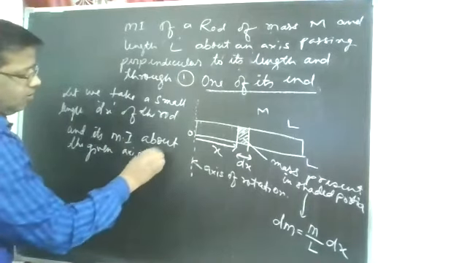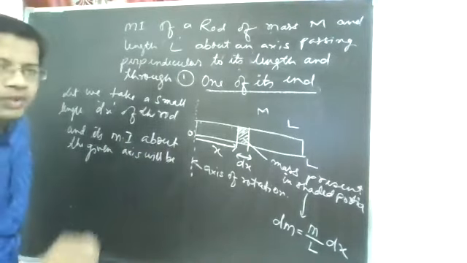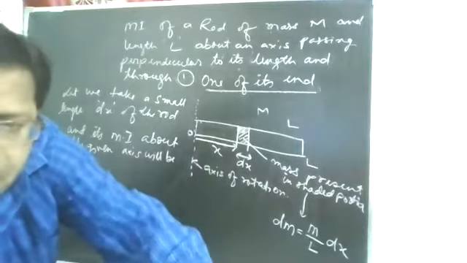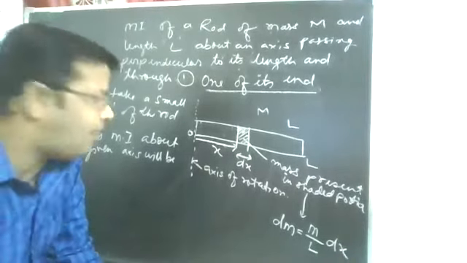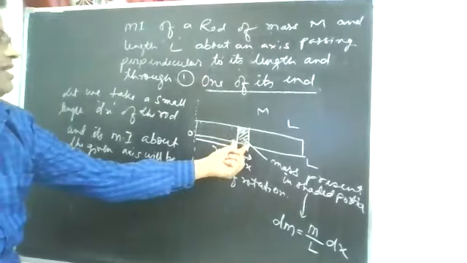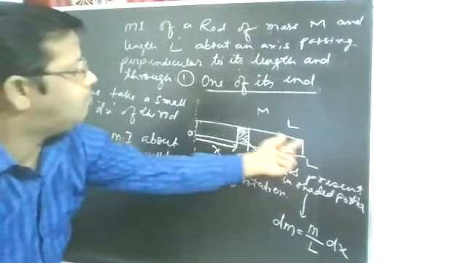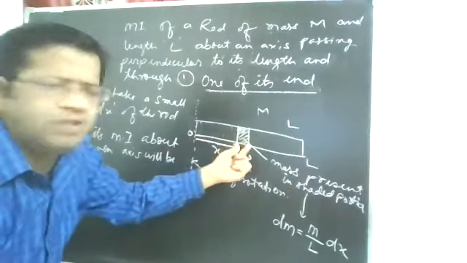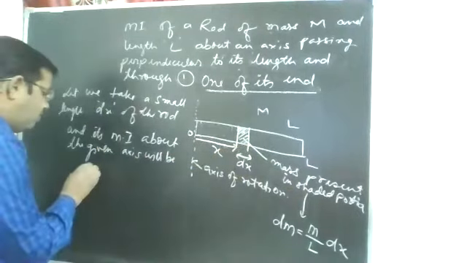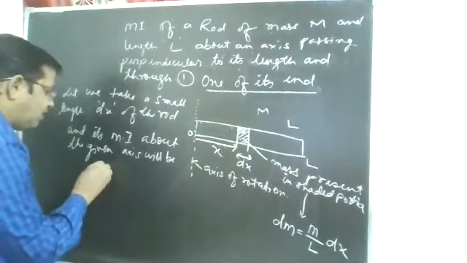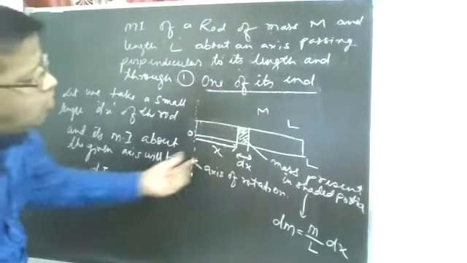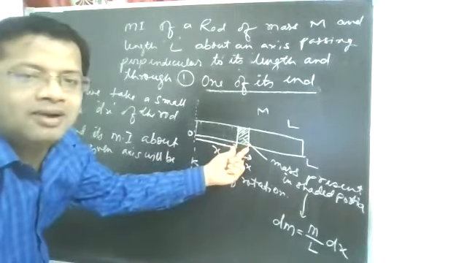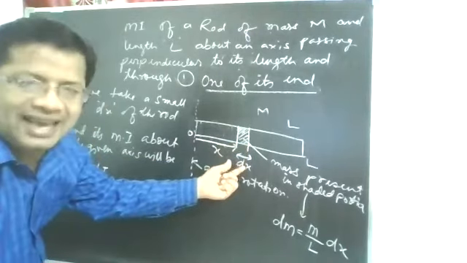We know that moment of inertia is the product of mass and the square of the perpendicular distance. Since we have to calculate the moment of inertia of the whole rod, for a very small part of this rod the moment of inertia will be dI. dI is the moment of inertia of that portion of the rod whose length is dx.